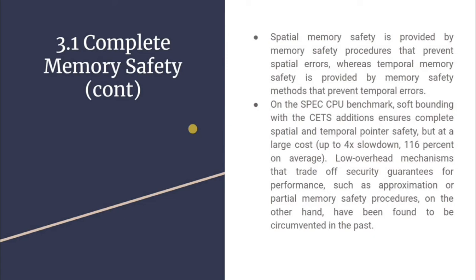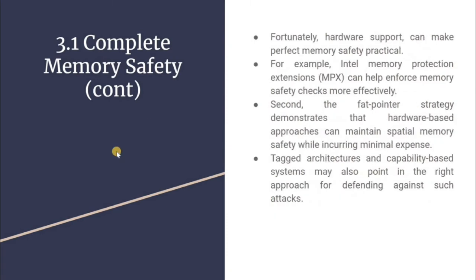Low overhead mechanisms that trade off security guarantees for performance, such as approximation or partial memory safety procedures, have on the other hand been found to be circumvented in the past. Fortunately, hardware support can make perfect memory safety practical.